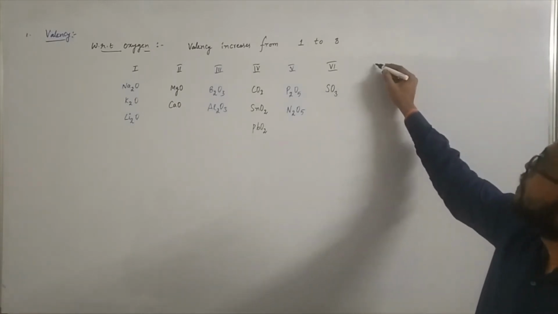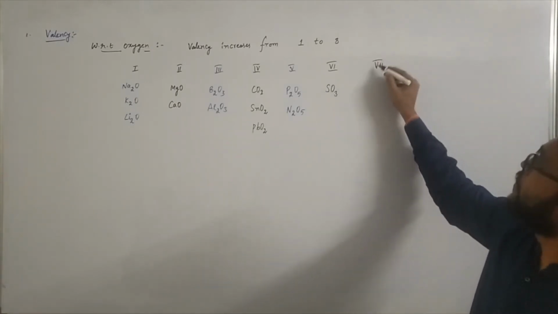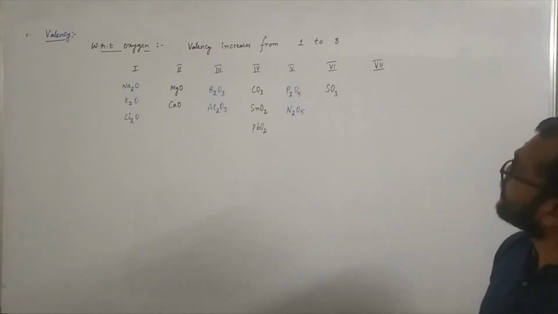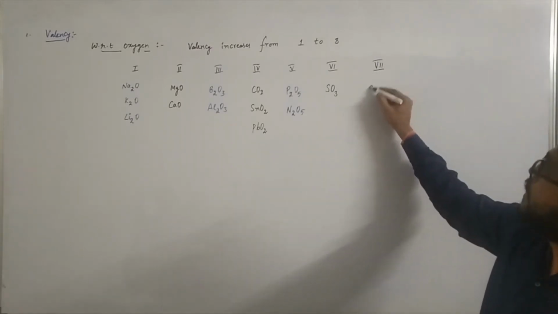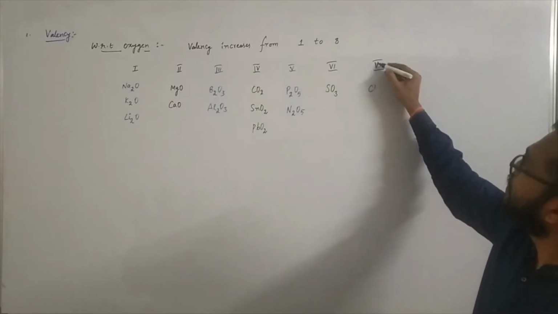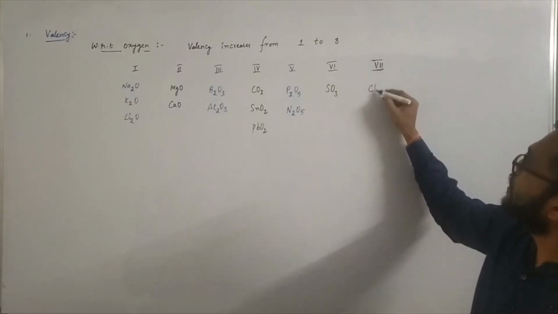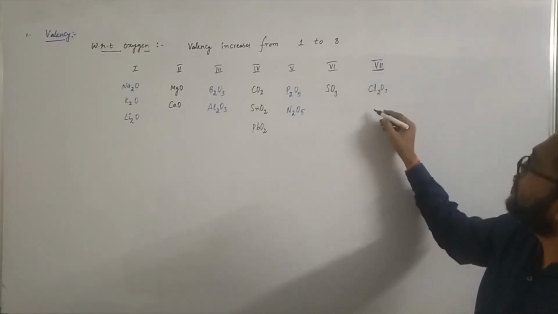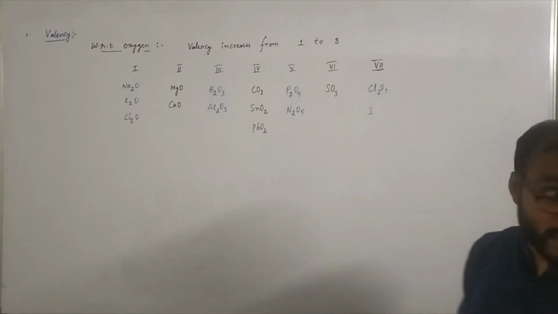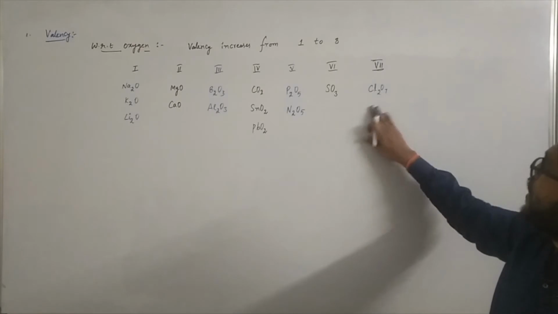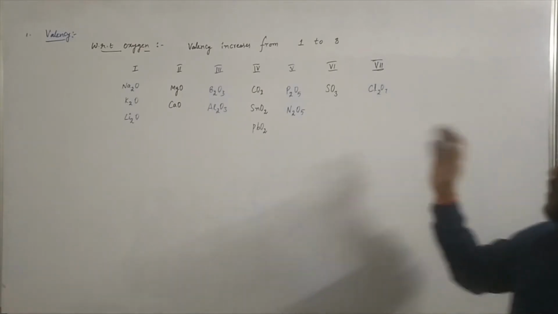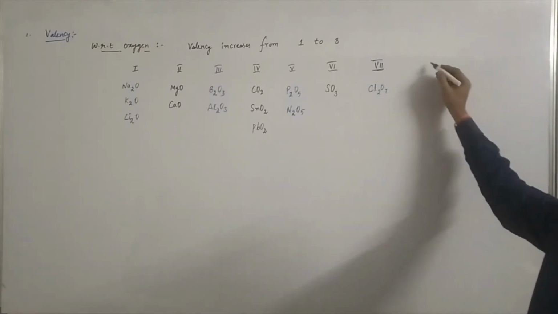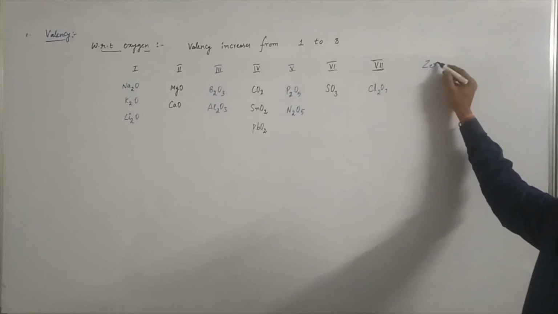Next, 7th element, group 7. Can I write as Cl2O7, right? Next, I2O7 and so on. Br2O7. Next, 0 group.